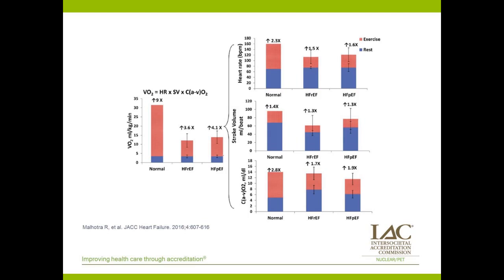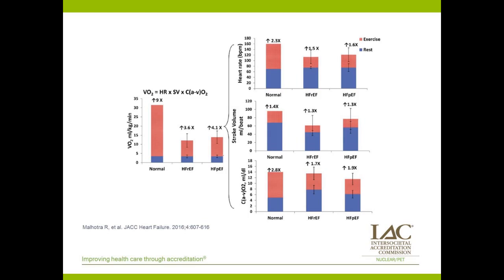And then if we look at the determinants of VO2, heart rate, stroke volume, and oxygen difference, we see that there are differences. So a normal individual is able to increase VO2 with exercise by about 9 times. The heart failure population is between 3.6 and 4.1 times resting, based on whether they have heart failure with reduced ejection fraction, HFrEF, or HFpEF.